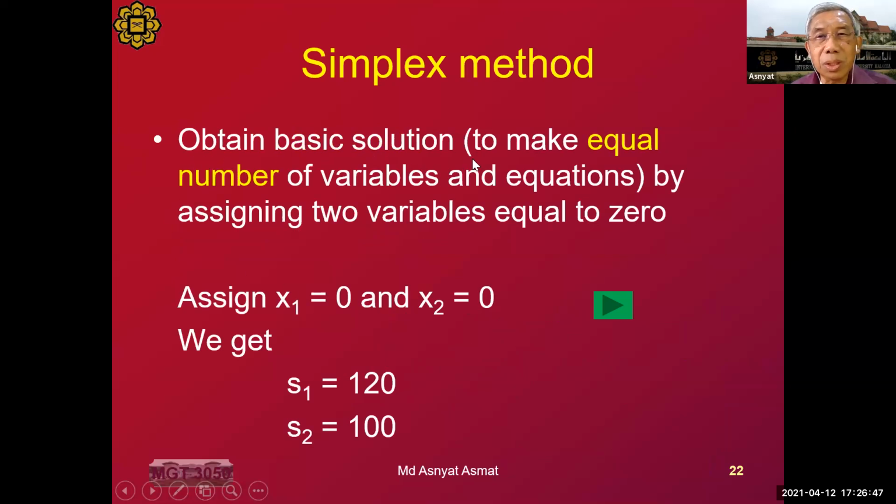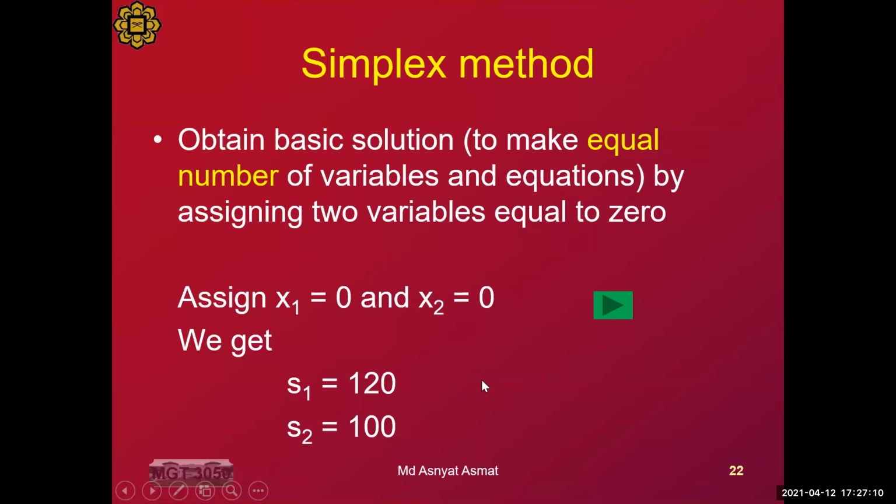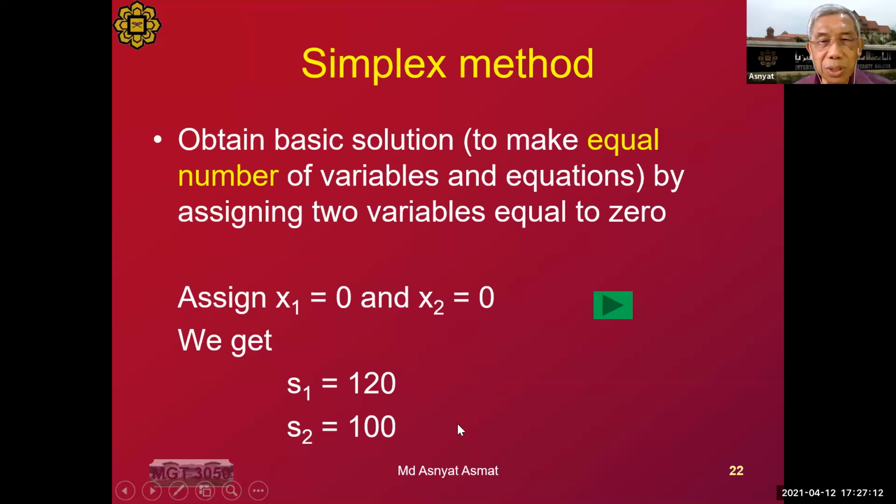To obtain a basic solution, we make the number of variables equal to the number of equations by assigning two variables equal to 0. In this case, let's say we start at the origin. So we make x1 equal to 0 and we also make x2 equal to 0. And we get S1 equal to 120, S2 equal to 100. S1 represents the carpentry hours not used.